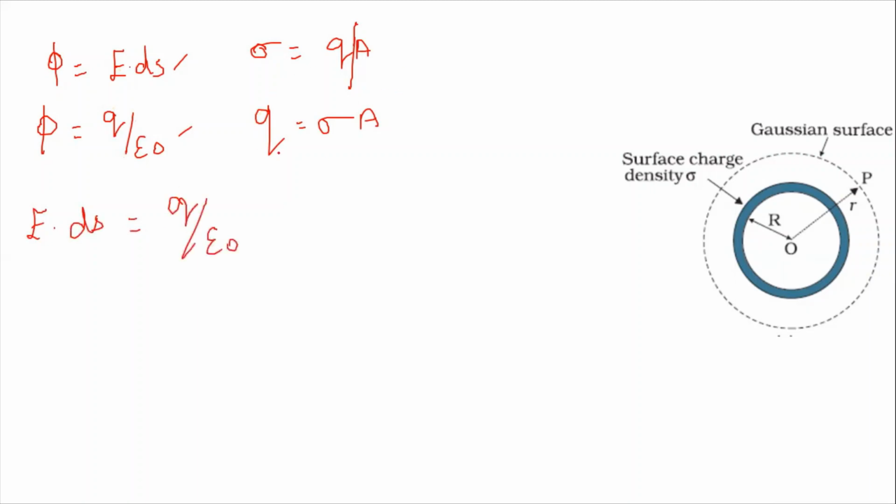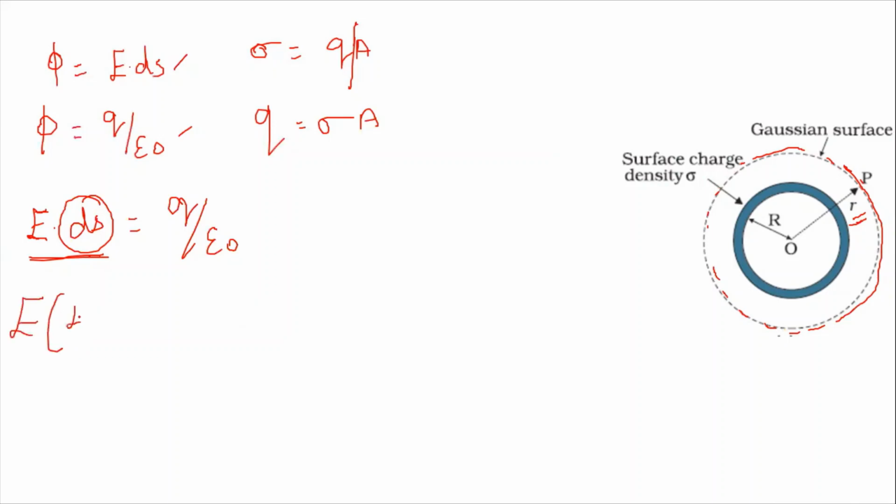Now, what will be the value of ds or S here? What is the surface area of a sphere? In this E dot ds, we are going to calculate the electric field, so that will refer to the area of the Gaussian surface. That will be 4 pi small r square, because small r is the radius of the Gaussian surface.